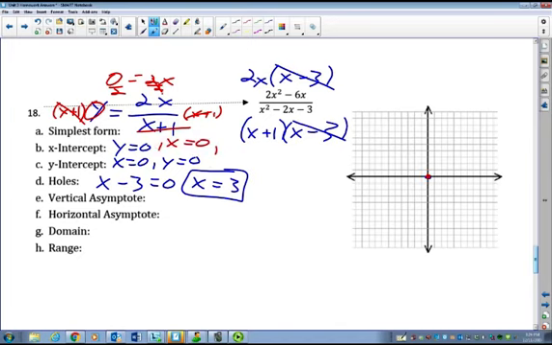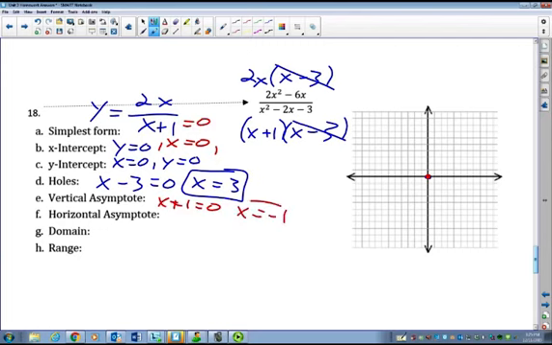So then we want to do our vertical asymptote with our simplest form. So now to find our vertical asymptote, we set the bottom equal to 0. So we get x plus 1 equals 0, which is just x equals negative 1. Cool. So then we go to negative 1, and we do a nice asymptote there, hopefully better than mine.